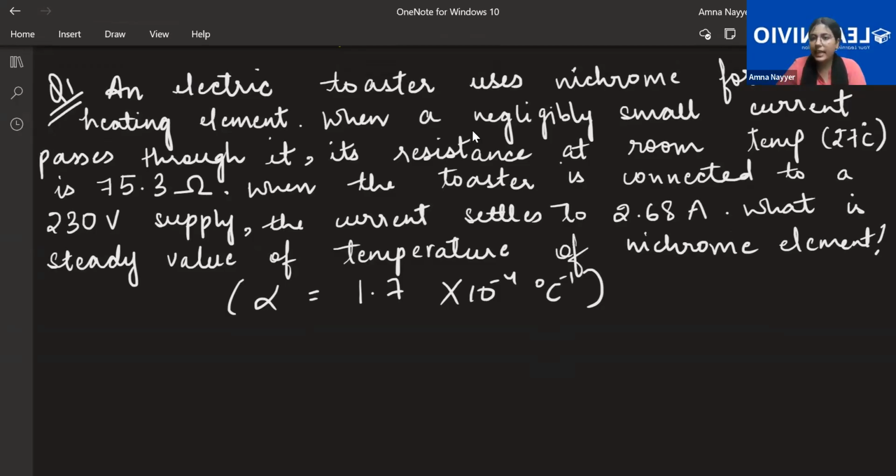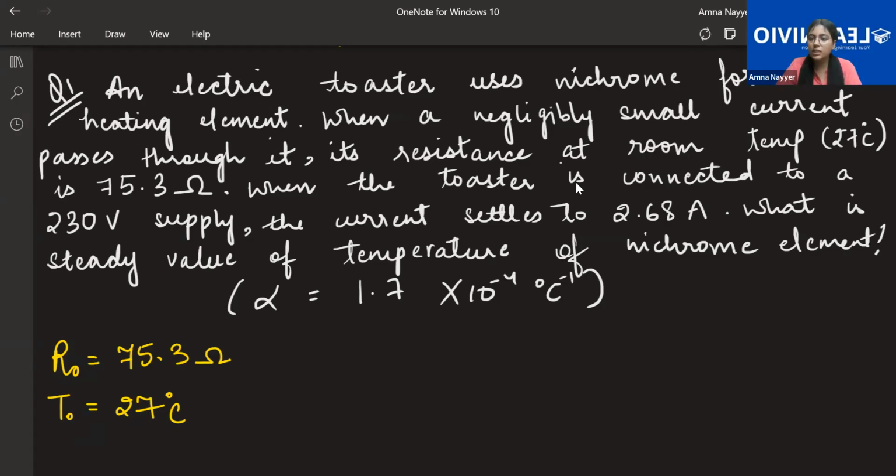It is saying when a negligibly small current passes through it, its resistance at room temperature is 75.3. And what's the room temperature? It has been given in the bracket, 27 degrees Celsius.